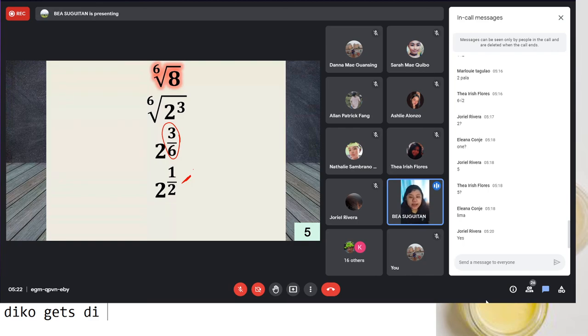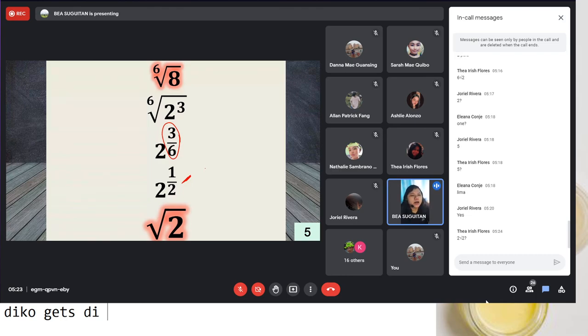Ano ang equivalent radical expression niyan? Square root of 2 ba yan, Thea? Tama po. Square root of 2.